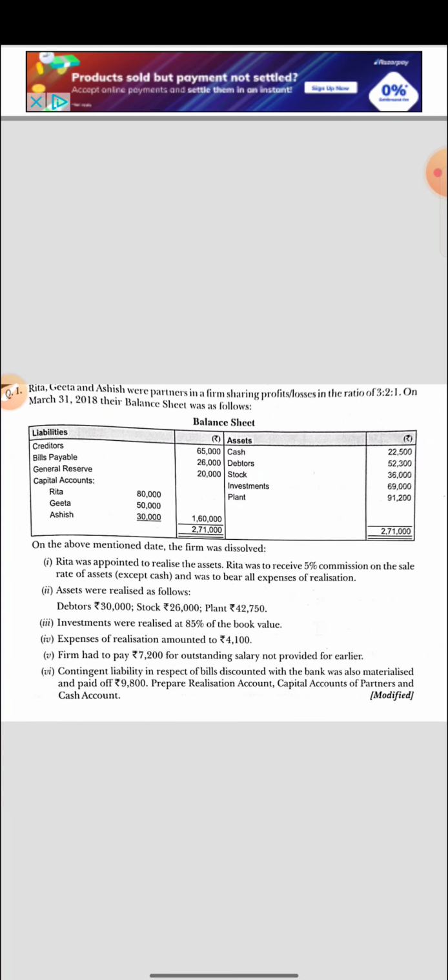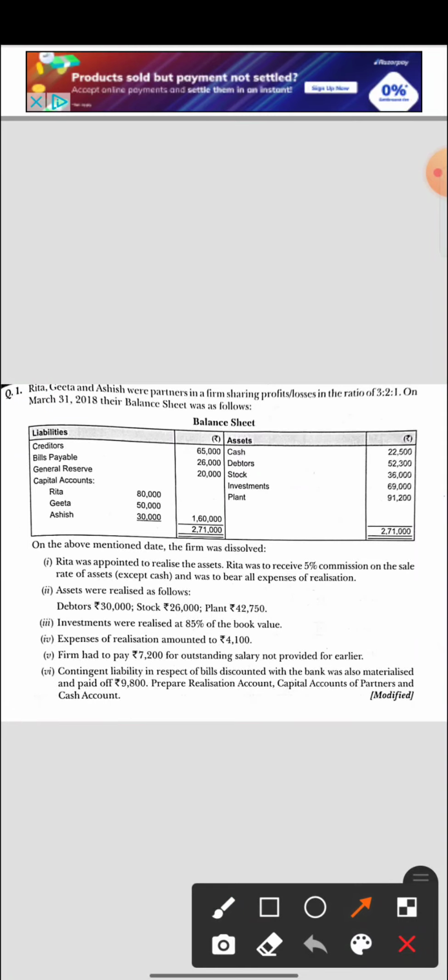So let's go to the question. Now assets were realized as follows. Debtors was sold at 30,000. How much was debtors? Debtors was 52,000, but now it will be sold and you will get only 30,000 from 52,000. It's a huge loss, but that's what you get when you close down a company.